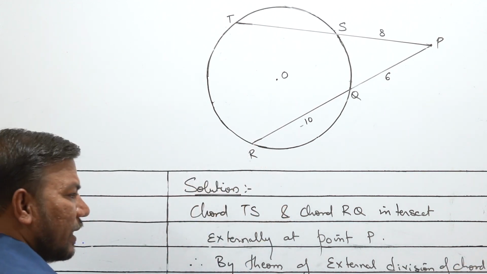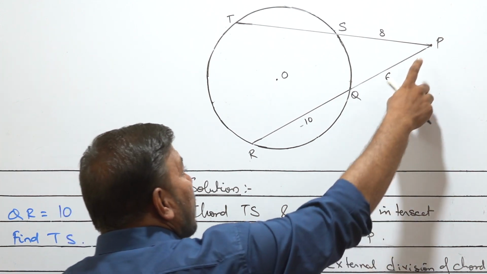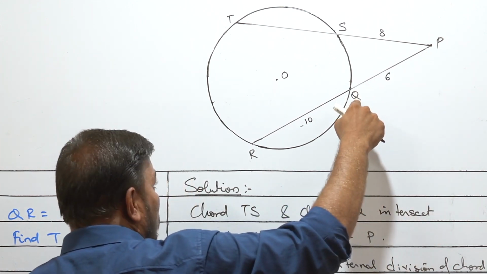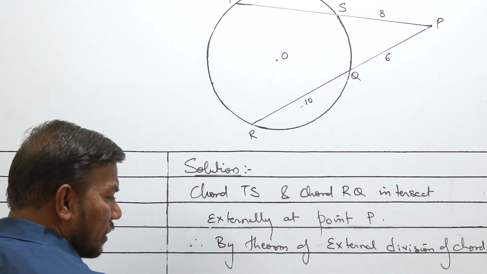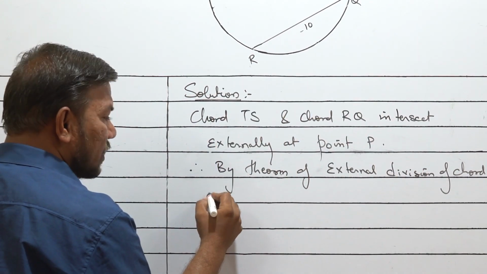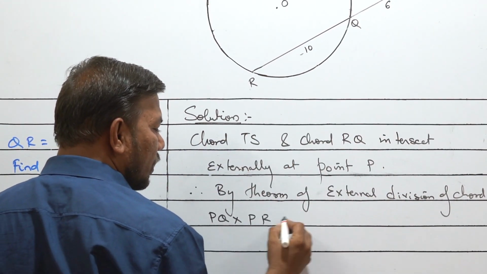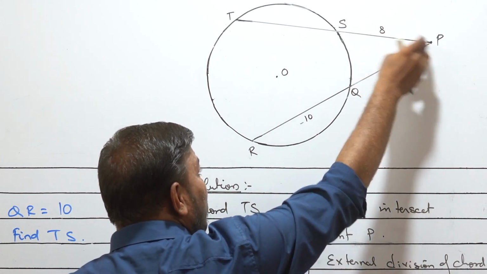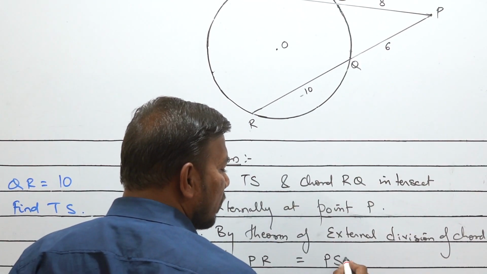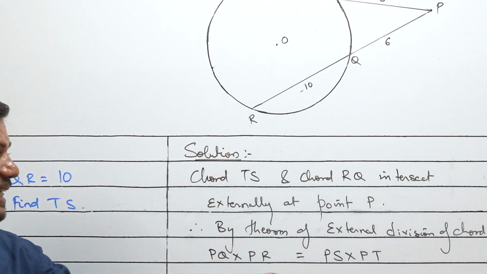What does that theorem say? The outer part of the chord, that is PQ, into the entire secant, PQ into PR, will be equal to the same for the other, PS into PT. So this is the property of external division of the chord.